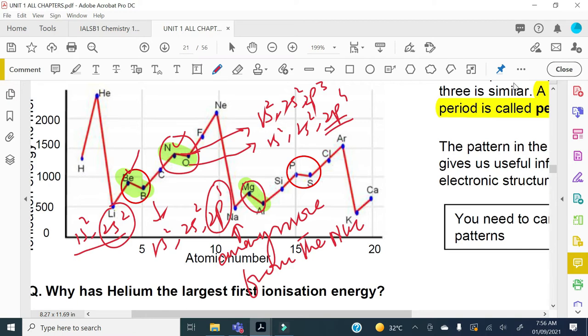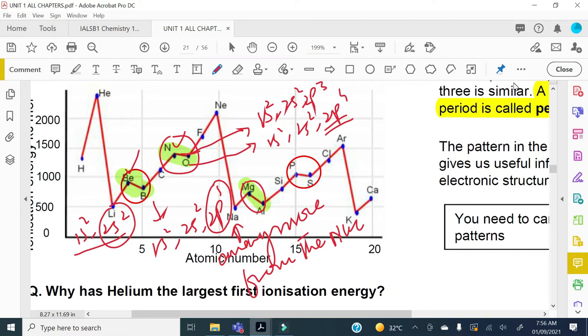They're living independently. But the fourth electron, which is coming now, has to be accommodated. So the subshell is stretching a little bit. The atomic radius is increased a little bit, which needs less energy. There is a drop in this case.